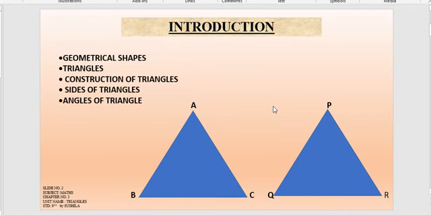For making a triangle, we should know the construction of the triangle, that is the sides of the triangle and the angles of the triangle. There are certain other geometrical shapes also. If two geometrical shapes are the same, how will you say it by their picture itself?